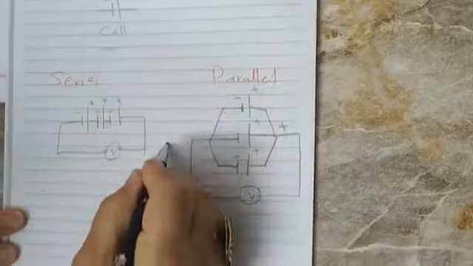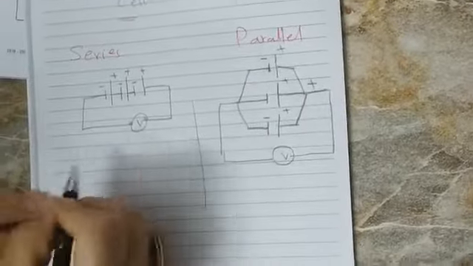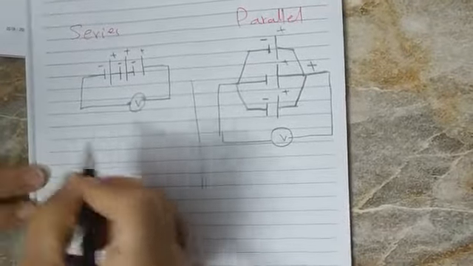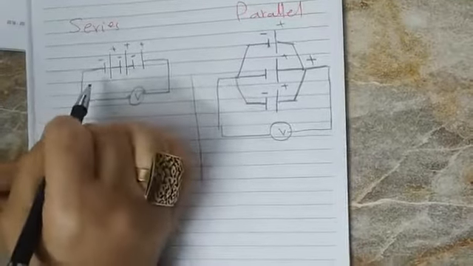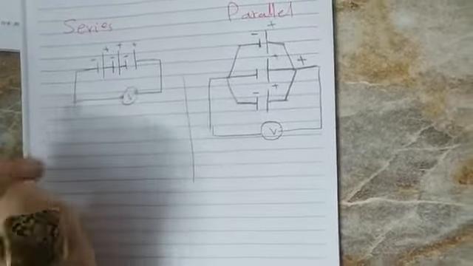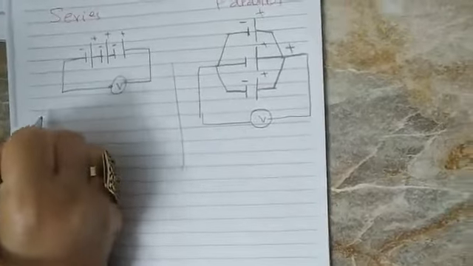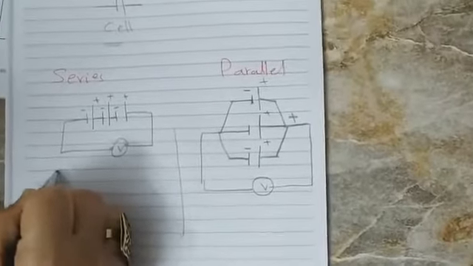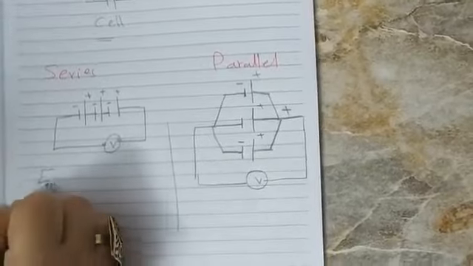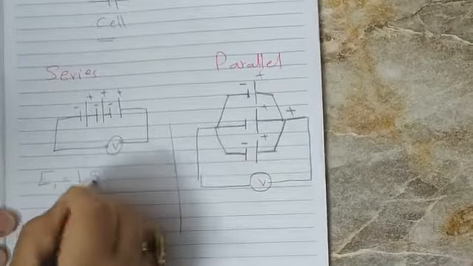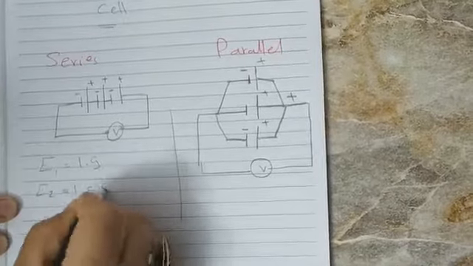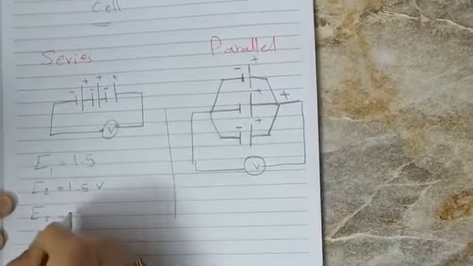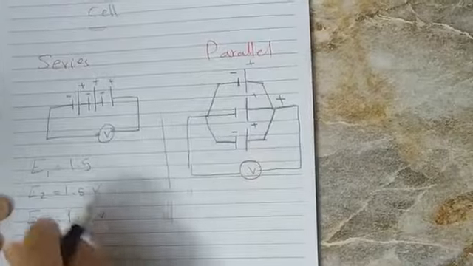In series connection, if we try to calculate or measure the electromotive force of the battery, we have here three cells. Each one of them has an electromotive force: E1, for example, 1.5 volt, E2, 1.5 volt, E3, 1.5 volt. They are similar.